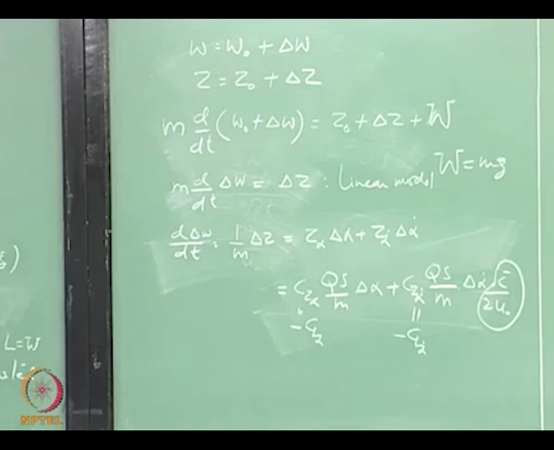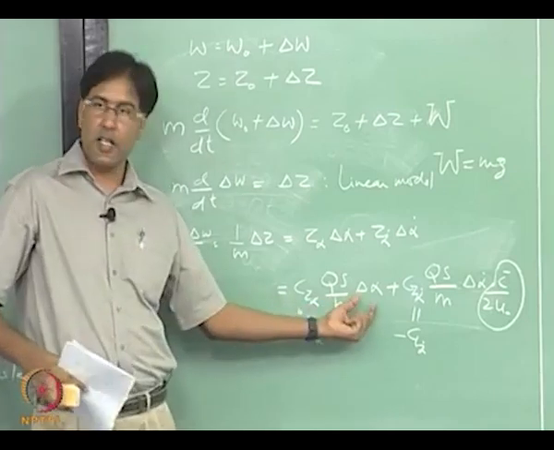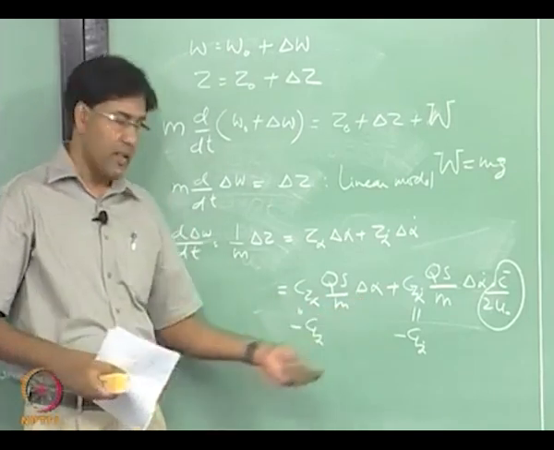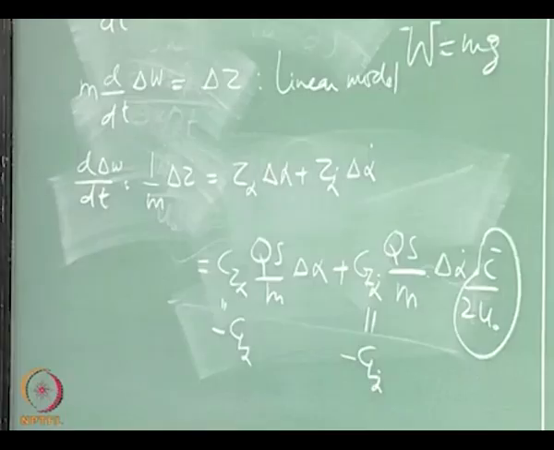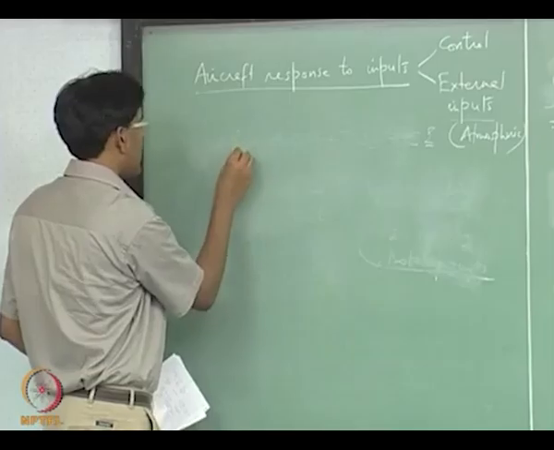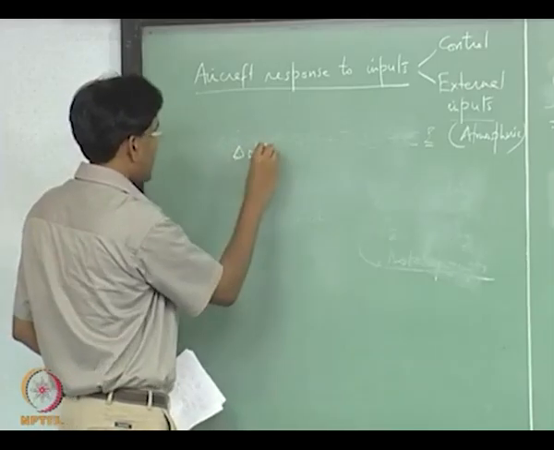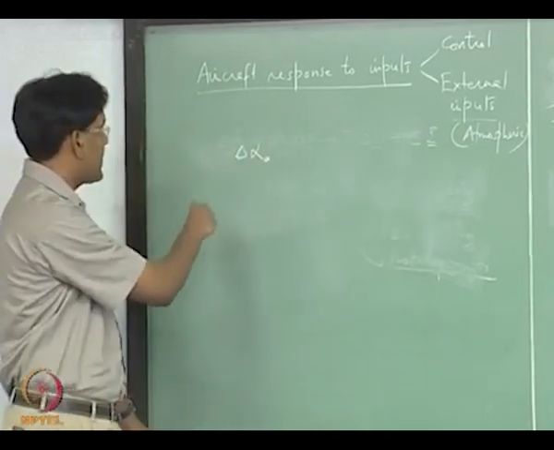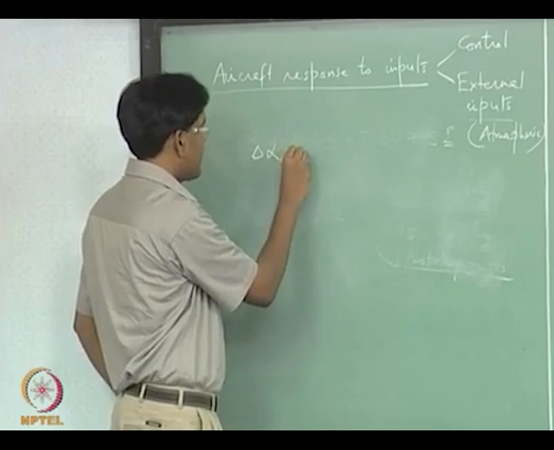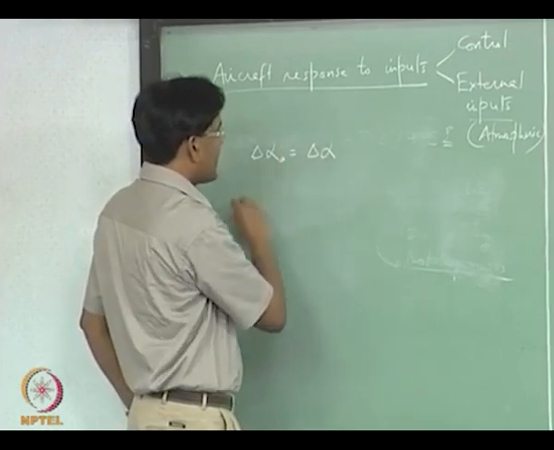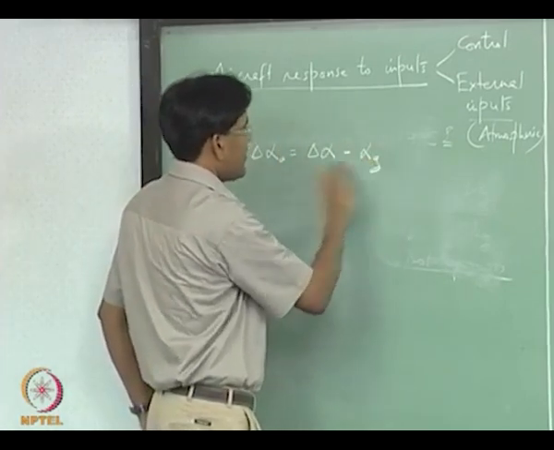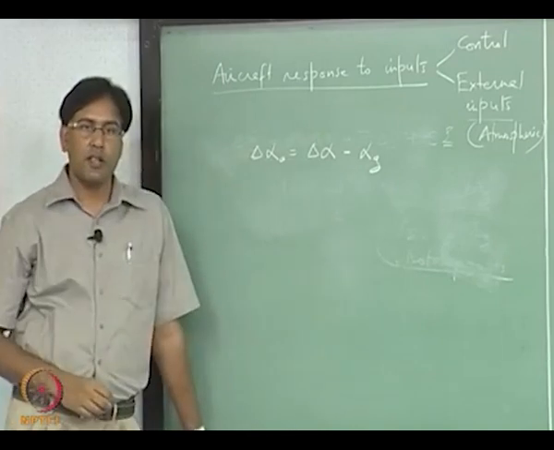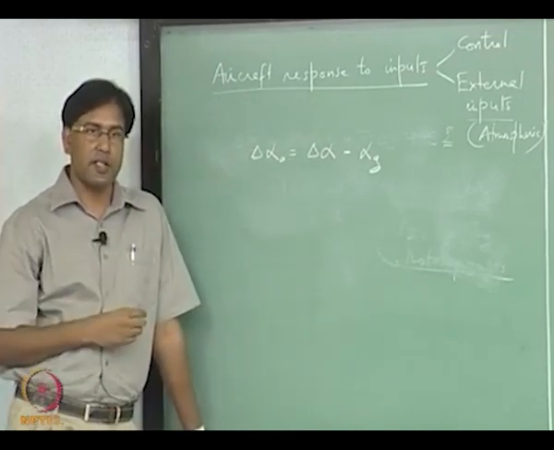Now, what is this delta alpha? This delta alpha is absolute delta alpha, right. So, how we are going to write it in terms of including the gust. So, that delta alpha is delta alpha relative, which is equal to delta alpha earlier and including the alpha coming from the gust.